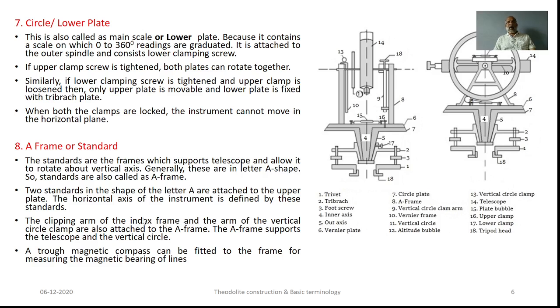The clipping arm of the index frame and the arm of the vertical circle clamp are also attached to this A frame. As we move ahead, you will understand the meaning of the clipping arm and the index frame. Usually, a trough compass is attached to this A frame in order to measure the bearing of a line. This trough compass is of detachable type.